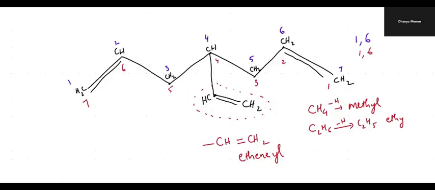So this is ethenyl. And because E and Y are near to each other, we will remove this E and we get ethenyl. Okay, so this is the ethene group, yes.